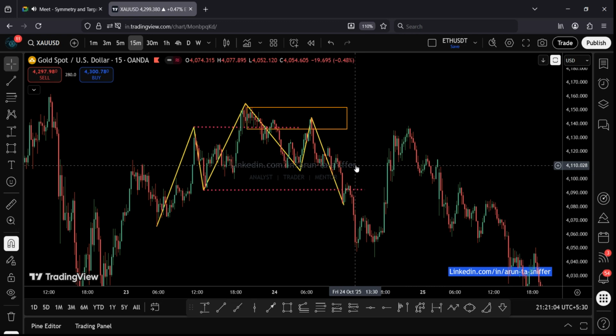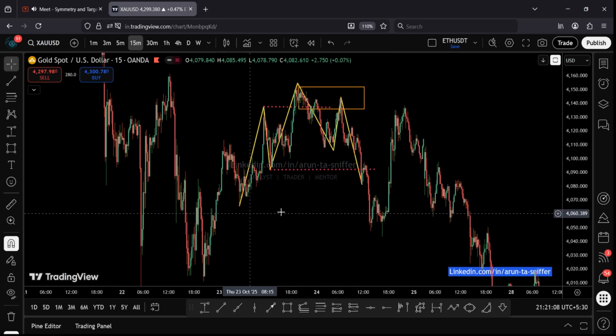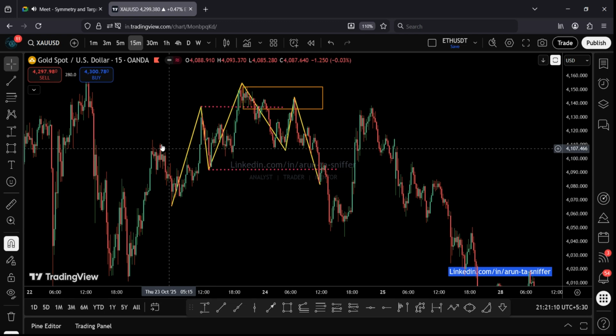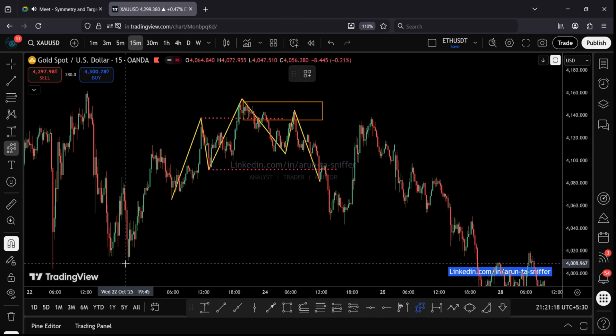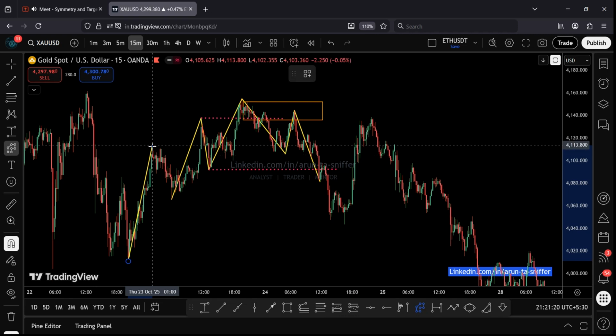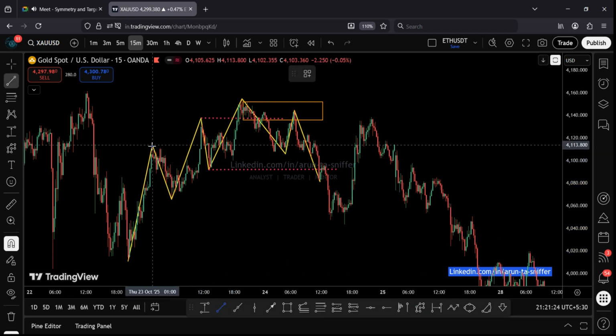Okay, and then price goes to this LSK. This one also moved here, like this.